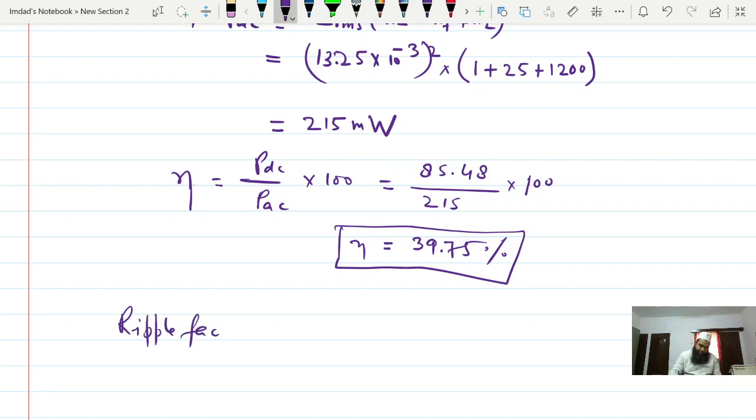Now, ripple factor R equal to under root I RMS upon I DC, whole square minus 1.